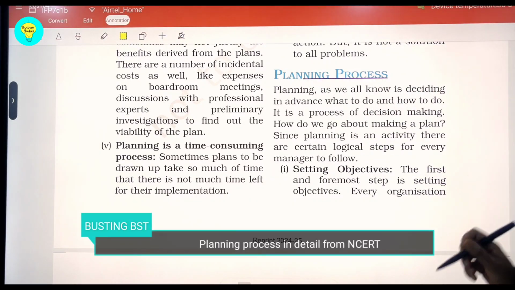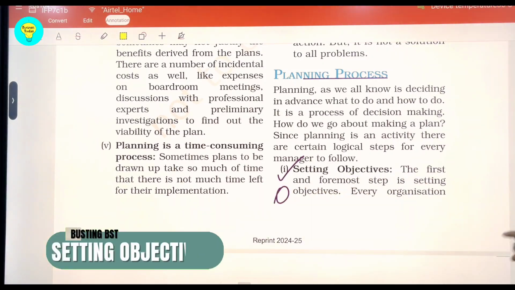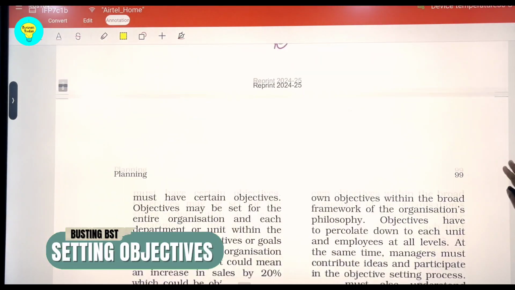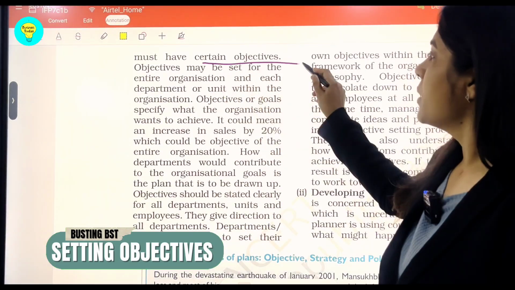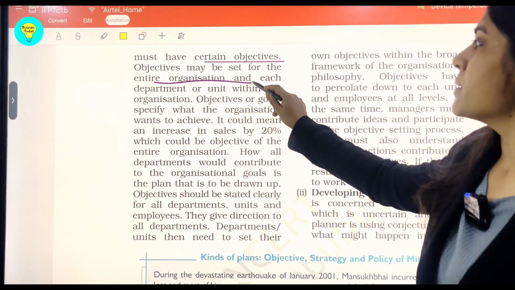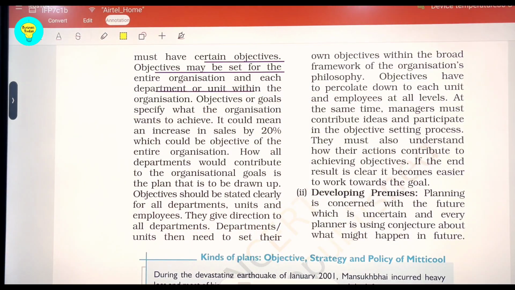So as the very first step, it's O, standing for setting of objectives. It is clearly mentioned that every organization must have a certain set of objectives that governs the entire organization and each of its departments and units, which it strives to achieve.